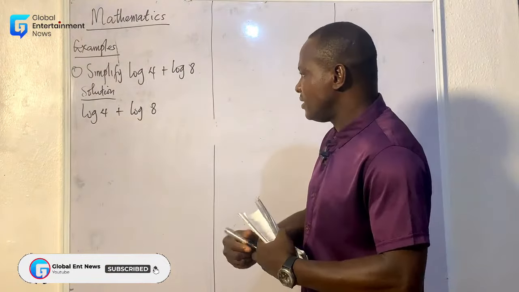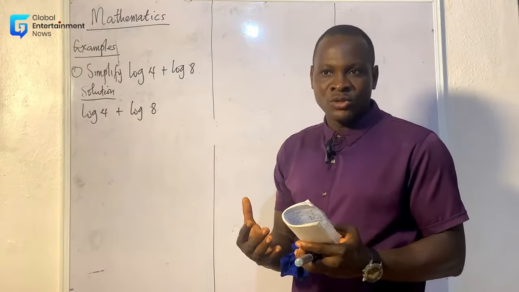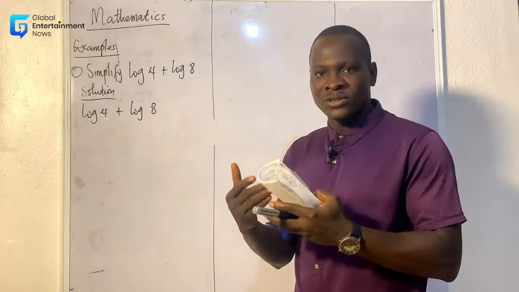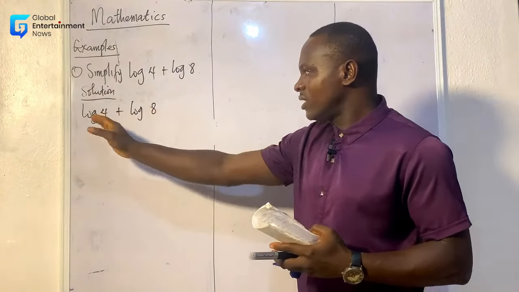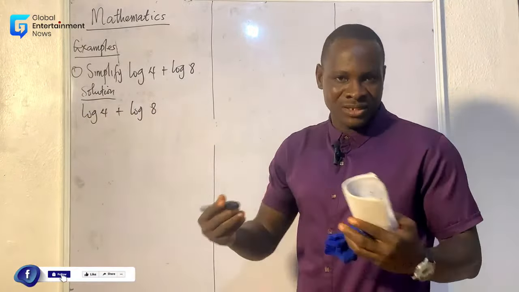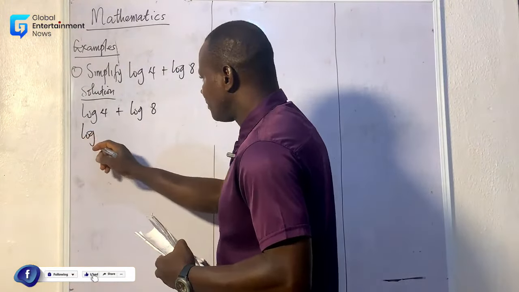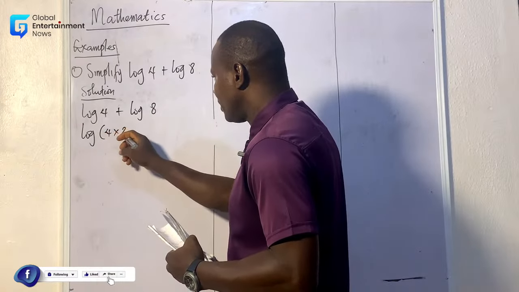Looking at this, you can see the sign in the middle. The sign is plus. So what do we need to do? We need to change the sign to times, by multiplying the 4 and the 8, because they both belong to the same base. You just say log bracket 4 times 8.